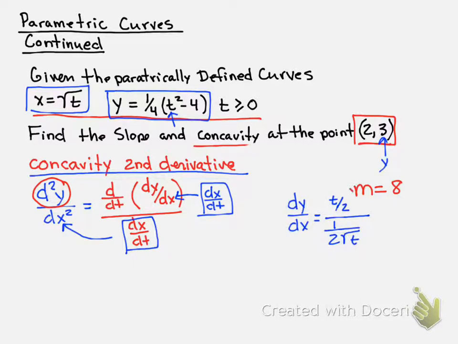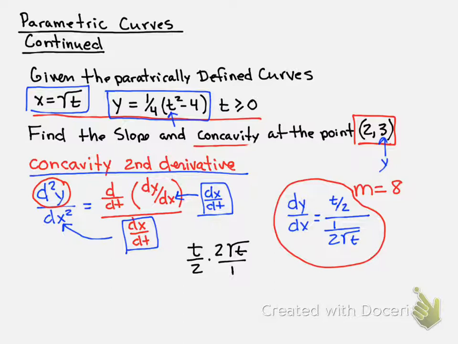we had dy/dx equal to t over 2 over 1 over 2 square root of t. We're going to simplify this a little bit so that we can take its derivative more easily. So this is really t over 2 times the reciprocal, 2 times the square root of t all over 1. And as we see here, our 2's will cancel out.